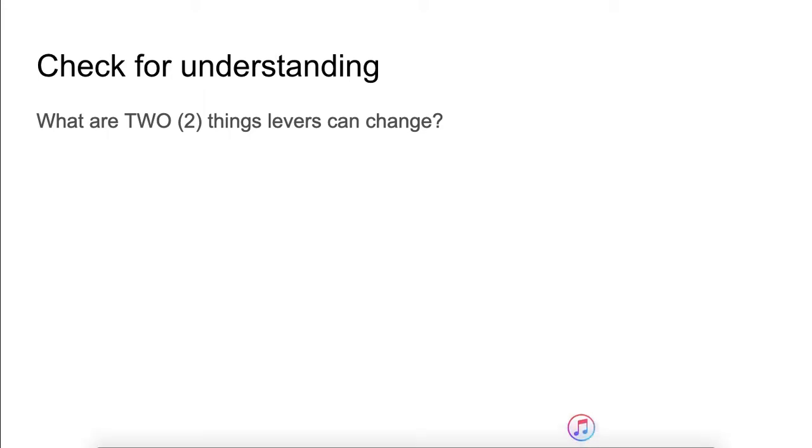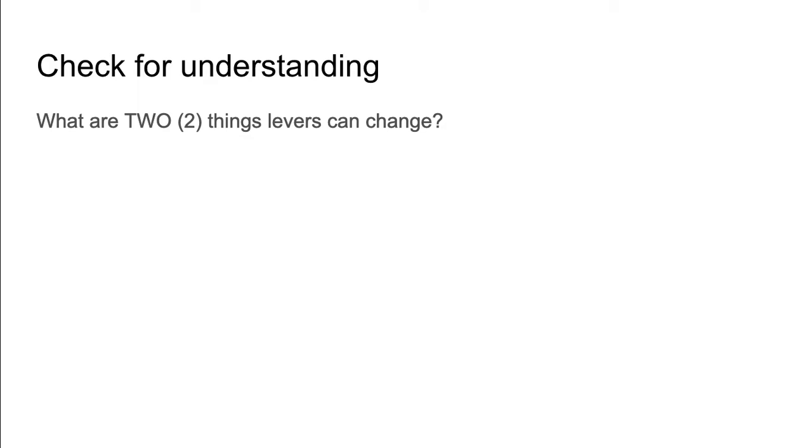All right, so what are 2 things levers can change? Why don't you go ahead and think about that and write your answer down. And if you are with someone, take a minute and explain the answer to them. If you're watching online with your classmates, maybe type each other what you think the answer is, and explain it to each other.